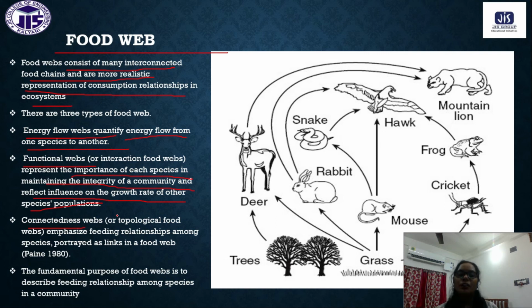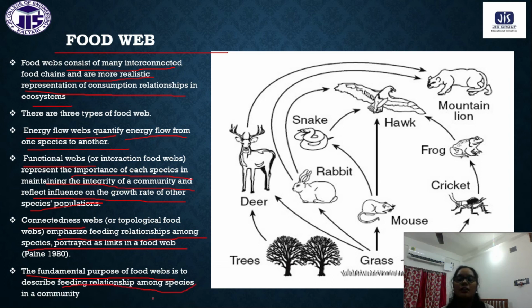And the connectedness web emphasizes the feeding relationships among the species and is portrayed as linked in a food web. So these are the three types of food webs we have. Why are we discussing the food web, and what is its importance? The fundamental purpose of the food web is to describe the feeding relationships.